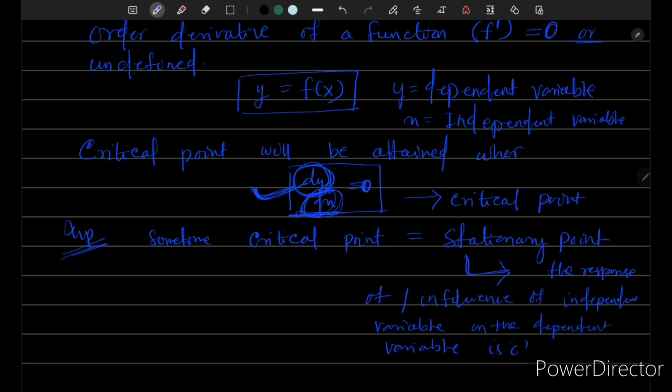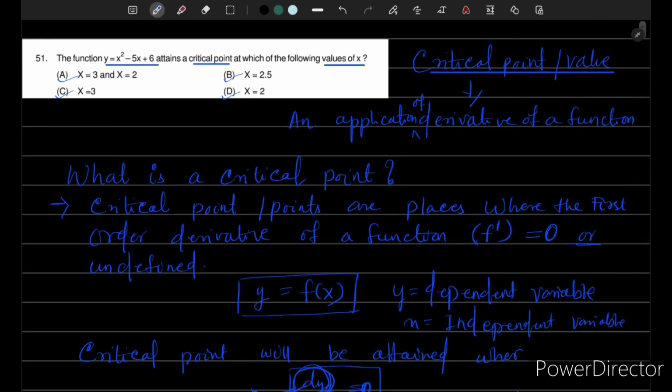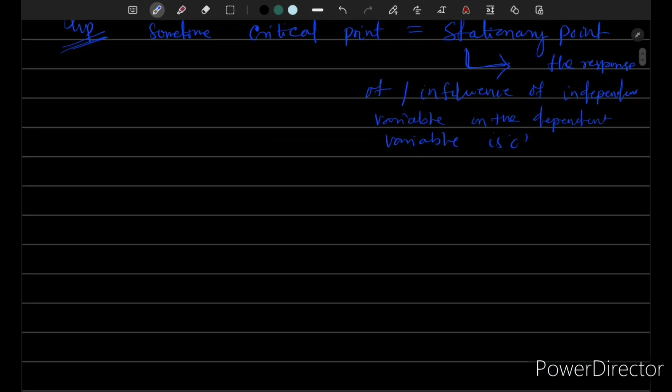Okay, so let's come to the question. The function given is y equals x square minus 5x plus 6. For the critical point we have to find the first order derivative, dy by dx, which equals the derivative of x square minus 5x plus 6 with respect to x.